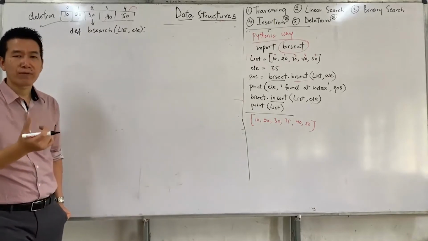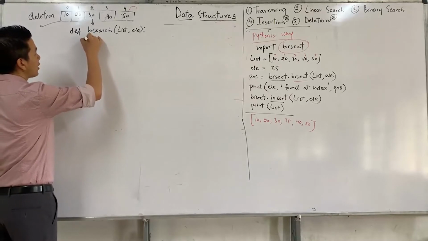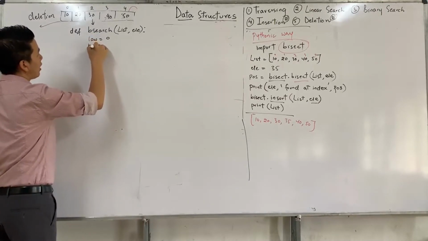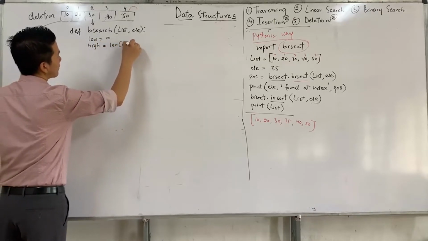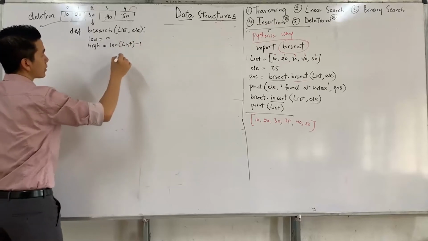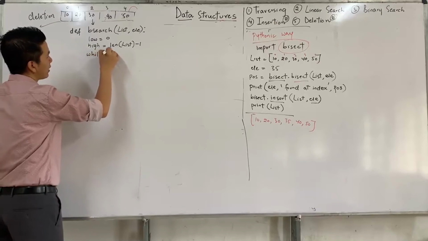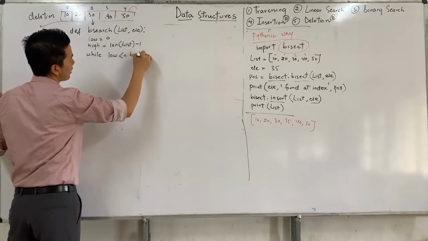We have done the briefing already, so let's not waste time on that. I need two variables, if you remember. Low is equal to 0, high is equal to length of list minus 1. And then I run a loop while low is less than or equal to high.